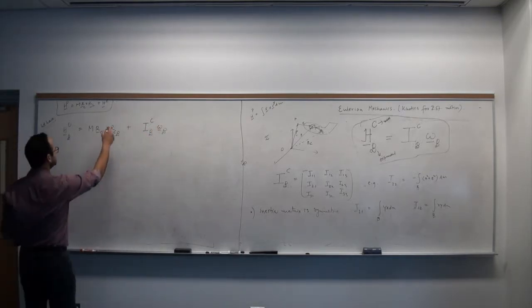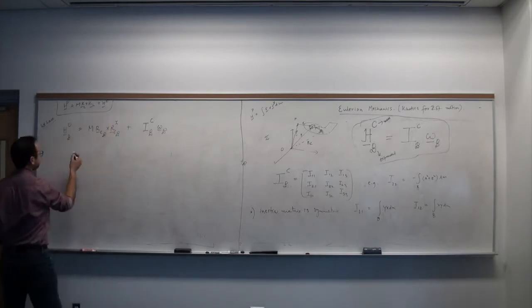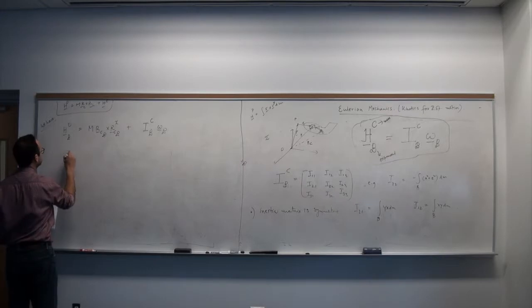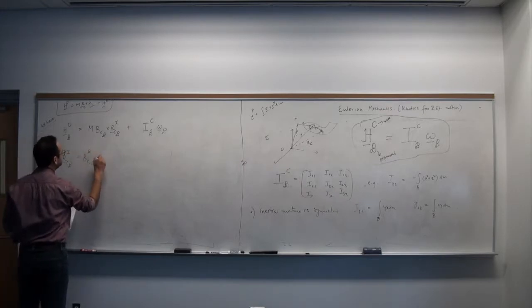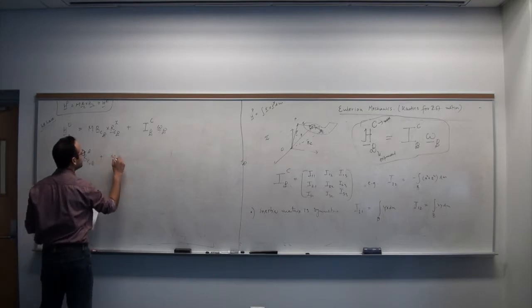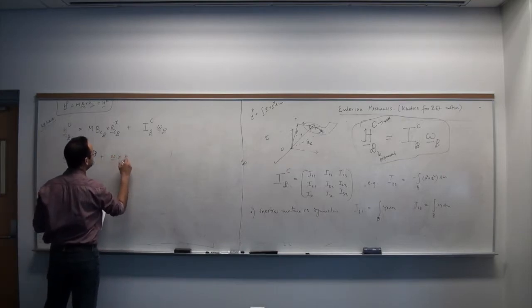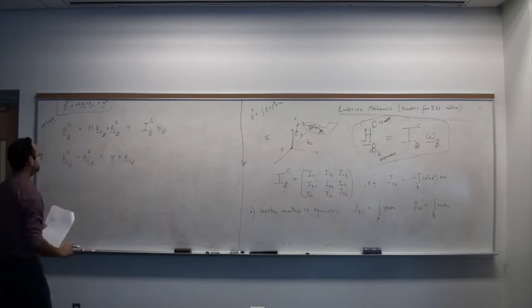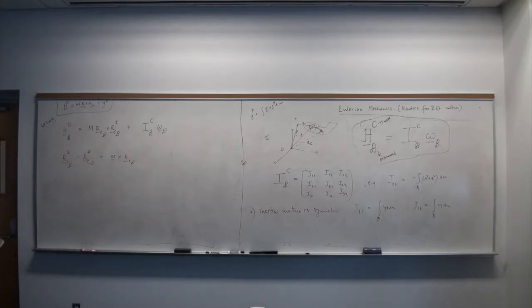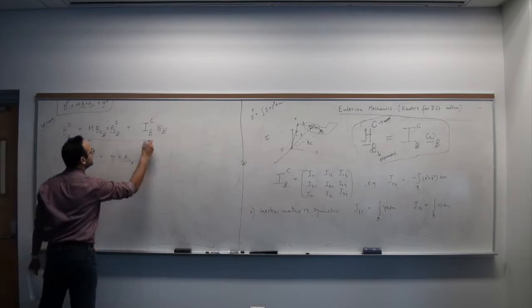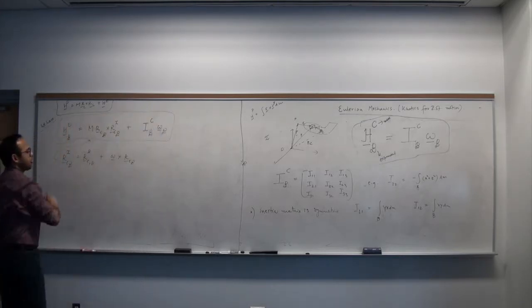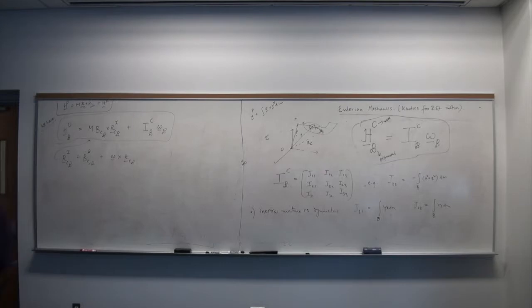And of course, this is the inertial derivative, so we can use the transport theorem there as well. So you can throw that in here, and this is the expression that we have.